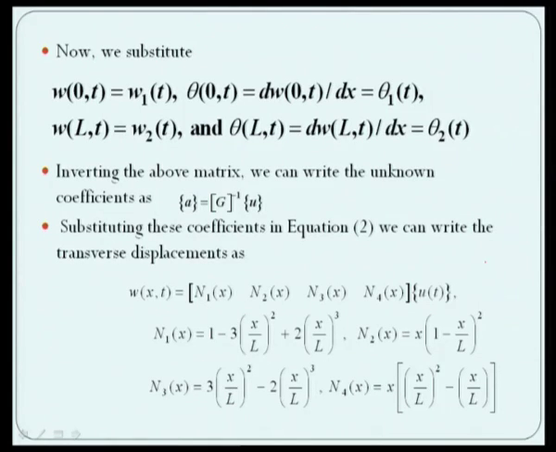So, because theta is derived from W, we need to take dn2 by dx and substitute at x equal to 0, you will see that this will be equal to 1 and this will be 0, and when x equal to L, dn2 by dx will be equal to 0 and this will be equal to 1.